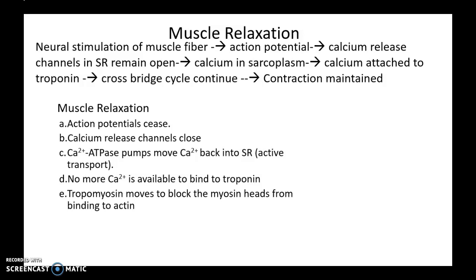Therefore, we will not have any more free calcium in the sarcoplasm that can bind to troponin. In the absence of calcium, the tropomyosin moves back and blocks the active site of the actin proteins, right? So when all this happens, the muscle will relax.